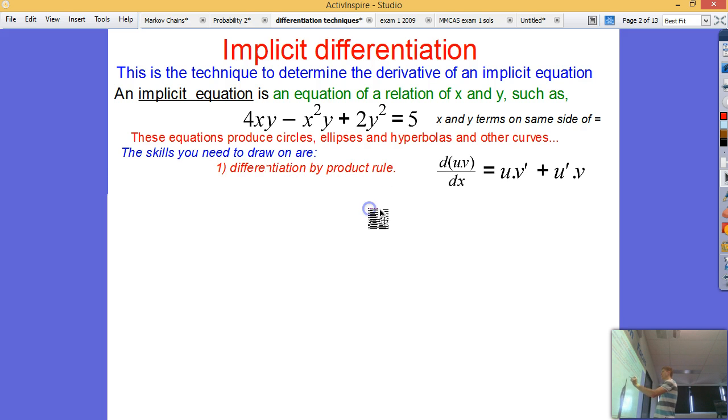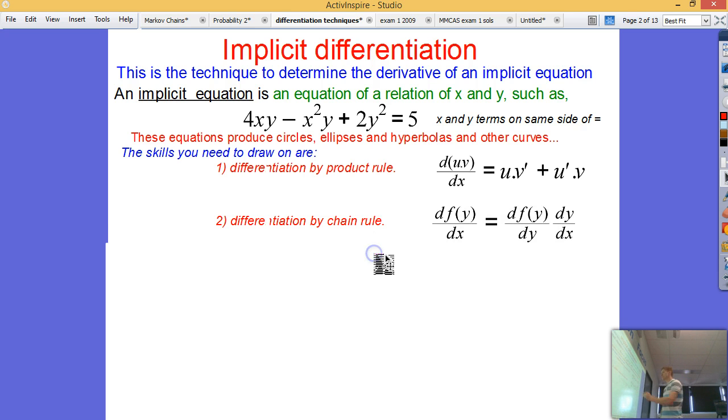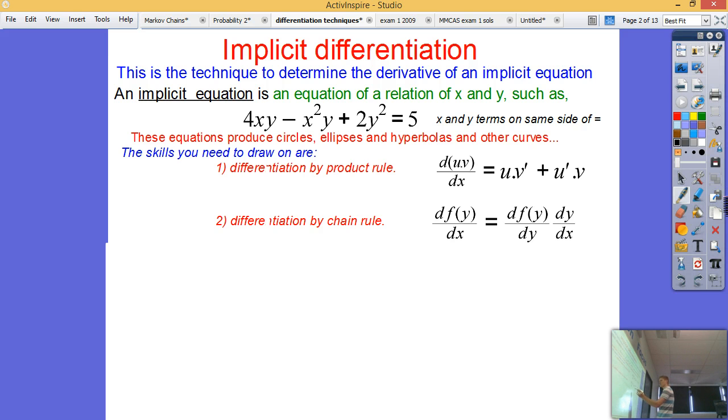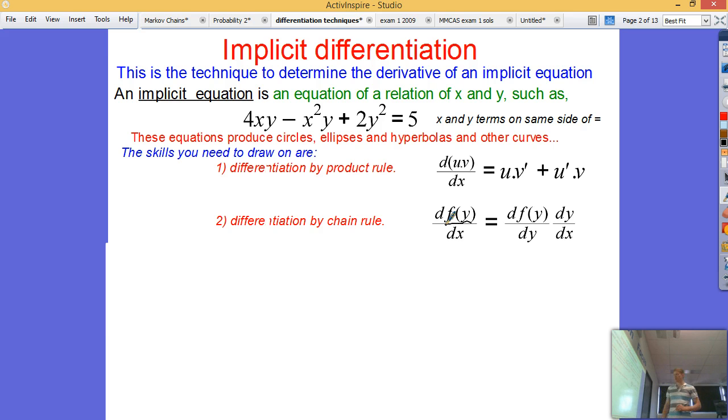One is being able to differentiate using the product rule and differentiate using the chain rule. But we're going to consider the chain rule in a specific form. It's where we have some function of y, and when we differentiate with respect to x, we realize we can't do that because we've got a function of y, there's no x's there.